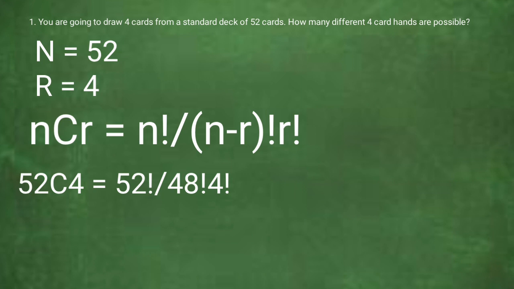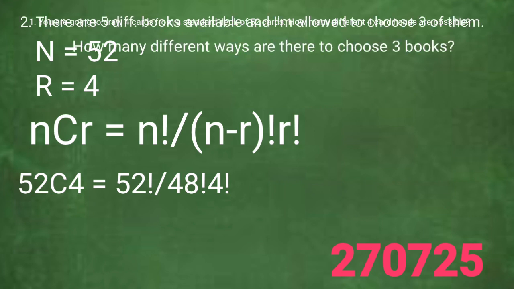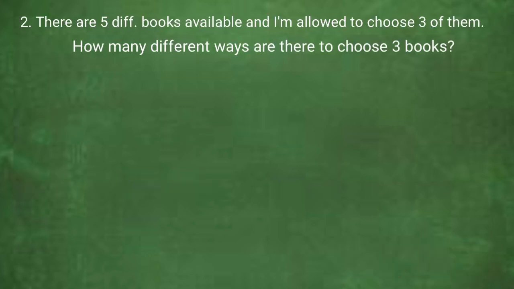That's going to be 52 times 51 times 50 times 49 over 4 factorial. The answer will be 270,725. There are 270,725 four-card hands possible.